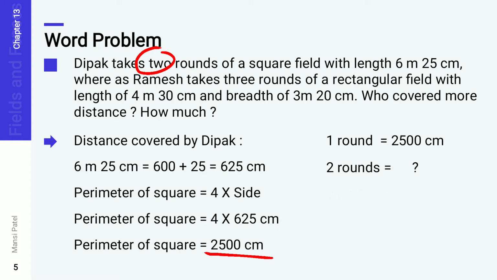So 2 multiplied by 2500 is equal to 5000 centimeter. This is all about Deepak. So if Deepak took 2 rounds of the square field, the distance covered by Deepak is 5000 centimeter.